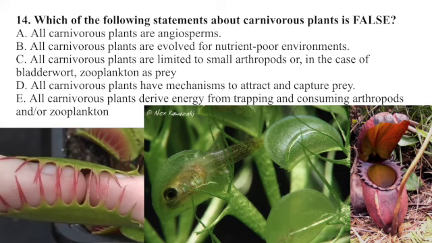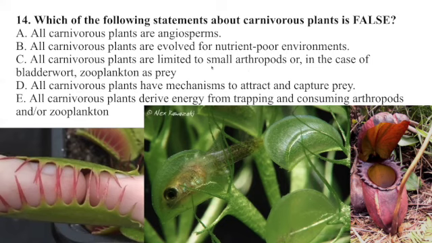So actually the one that is incorrect here is C, because they also capture other small animals. There are some that eat things like protozoa, which are much smaller than arthropods. They can eat arthropods, but I've also heard of them ingesting things like mice.